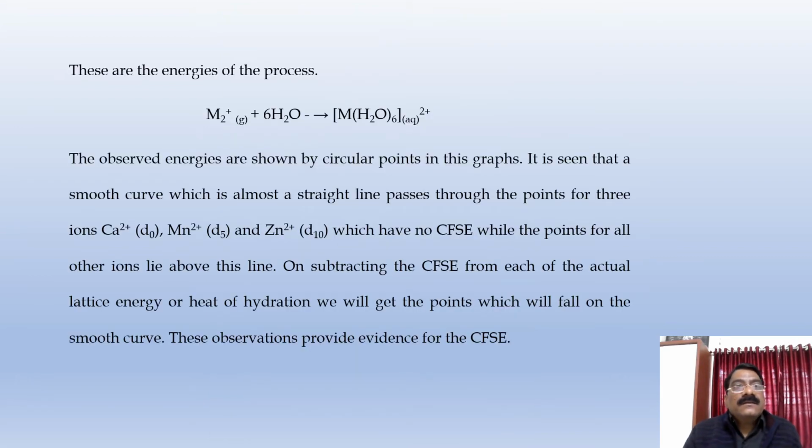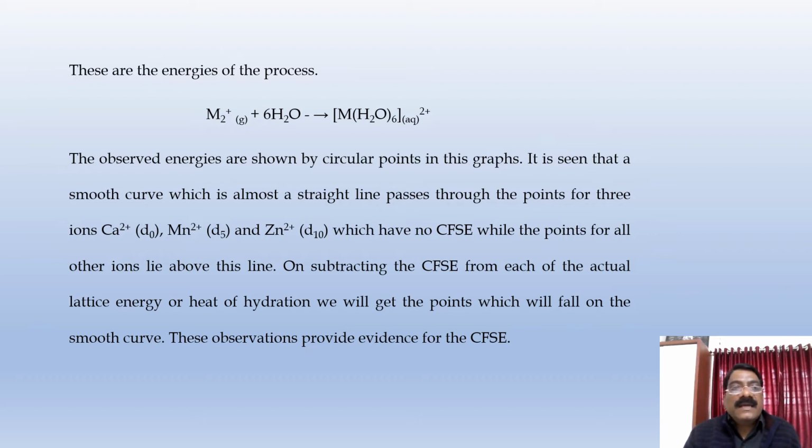These are the energies of the process M2+ plus 6 H2O gives [M(H2O)6]2+ aqueous. The observed energies are shown by the circular points in the graph.